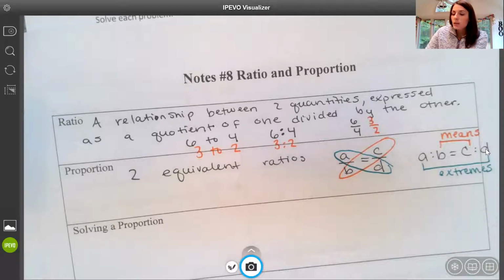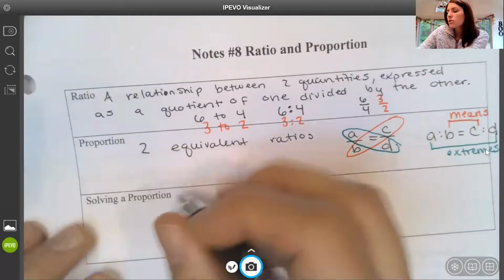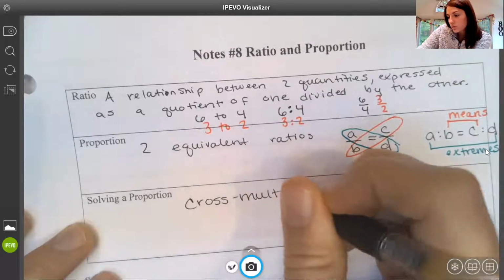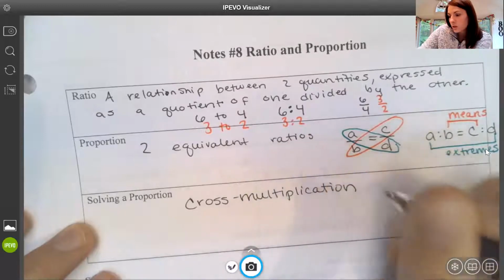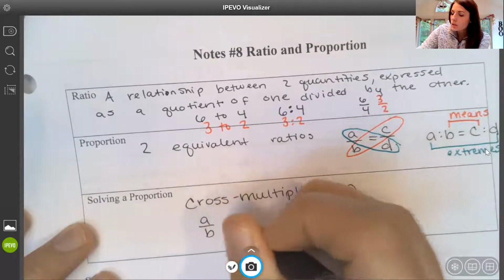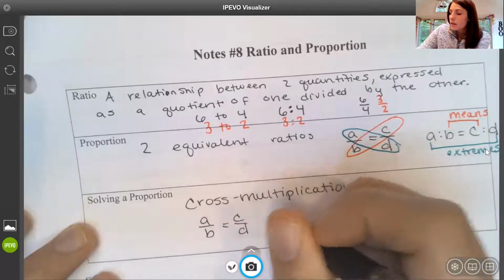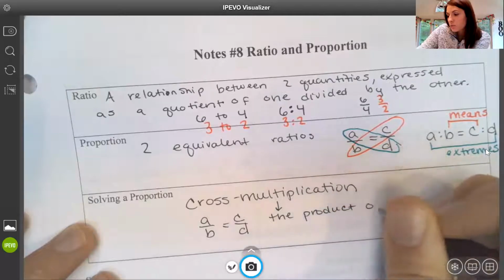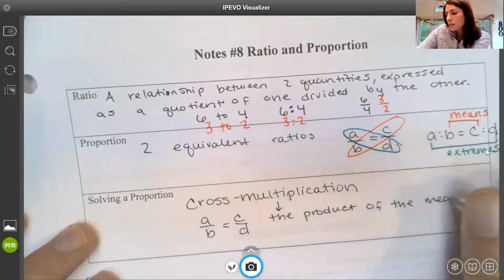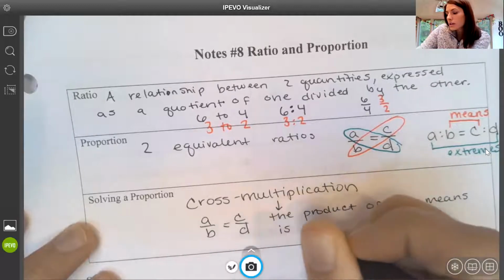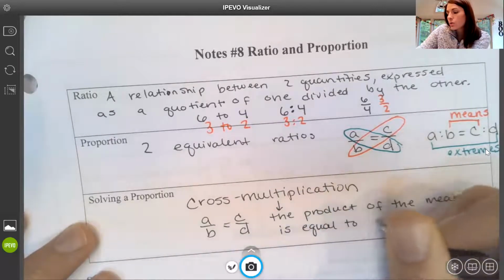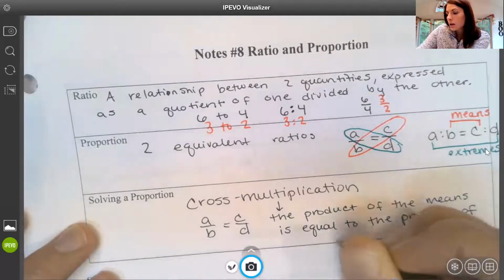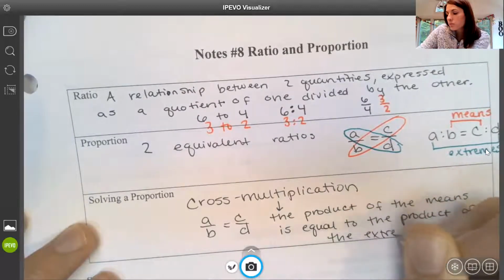The way that we typically solve a proportion is using cross multiplication. So if I have A over B equals C over D, the product, meaning multiplication, of the means is equal to the product of the extremes.